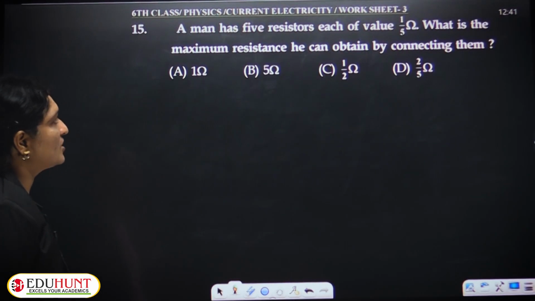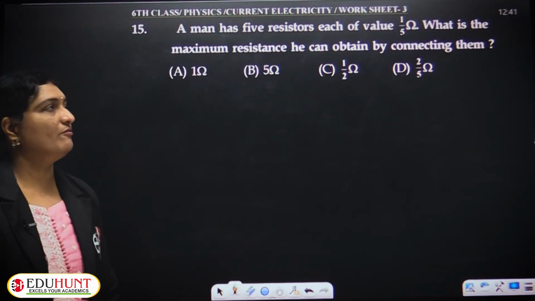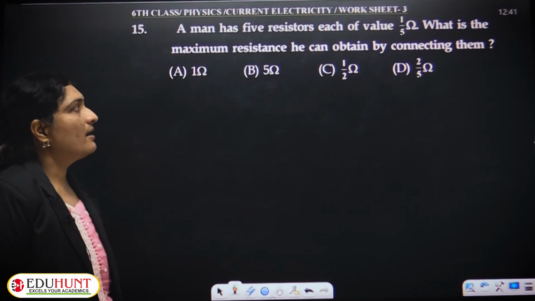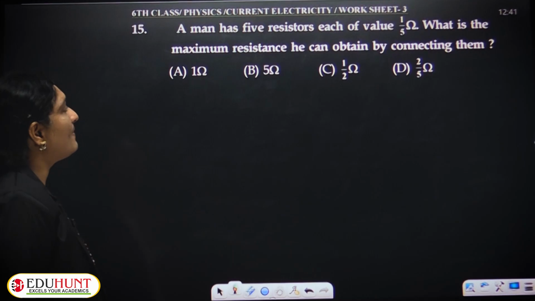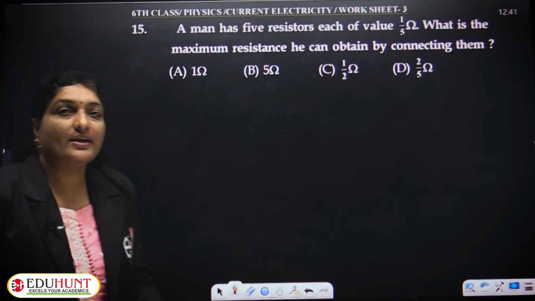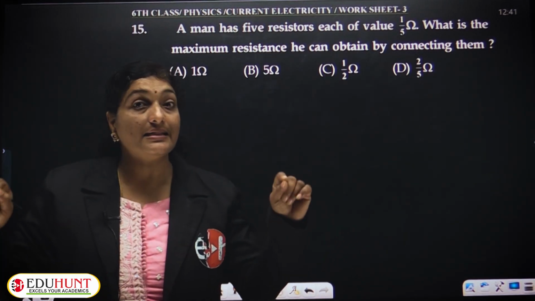Well, the 15th question. A man has 5 resistors, each of value 1 by 5 ohm. How many resistors are there, children? 5 resistors and each is 1 by 5. What is the maximum resistance he can obtain by connecting them? In order to get the maximum value of resistance, we have discussed that they should be connected in series.